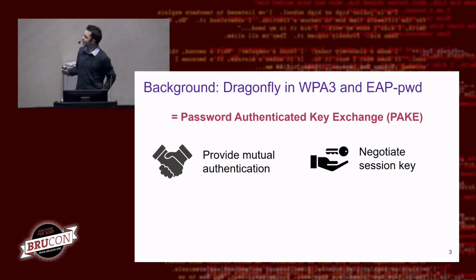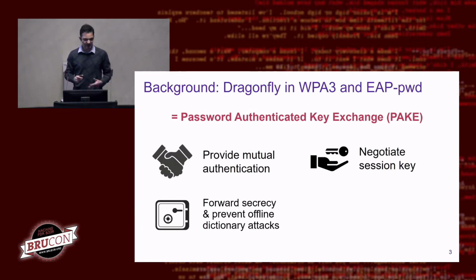And the most important property of the Dragonfly handshake is that it also provides forward secrecy and that it defends against dictionary attacks. What does that mean? Well, as you may already know, with WPA2, an attacker can simply passively monitor or sniff the handshake, and he can then take that handshake offline and perform dictionary and brute force attacks against this captured handshake on a laptop or on GPUs and very efficiently try to crack the password.